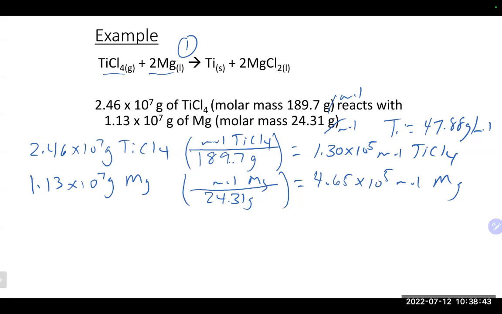We have our moles. I'm going to do the table here. So let me get that set up. We had TiCl4 plus 2 magnesium yields Ti plus 2 MgCl2.